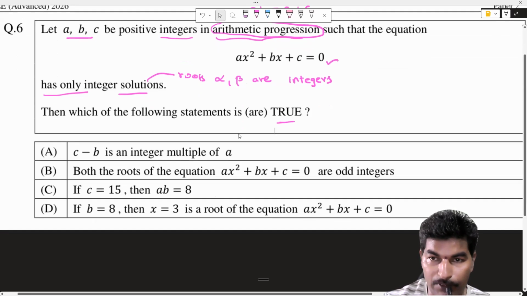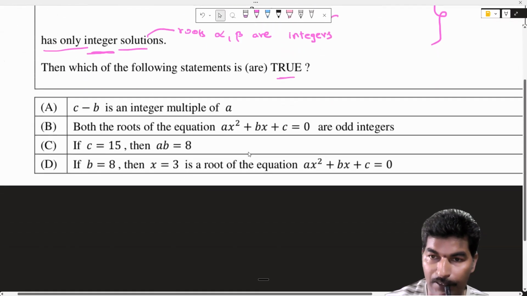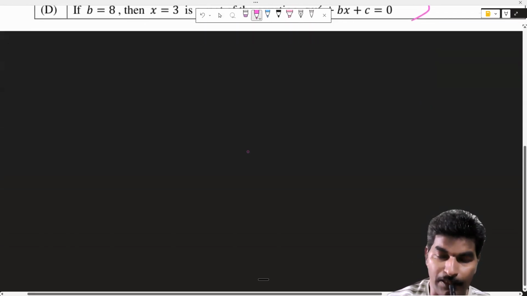So take a look at the question. First, we will solve this part. He is saying that a, b, c are in arithmetic progression and the equation has integer solutions. This will give the rest, and we can decide whether the statements are correct or incorrect.